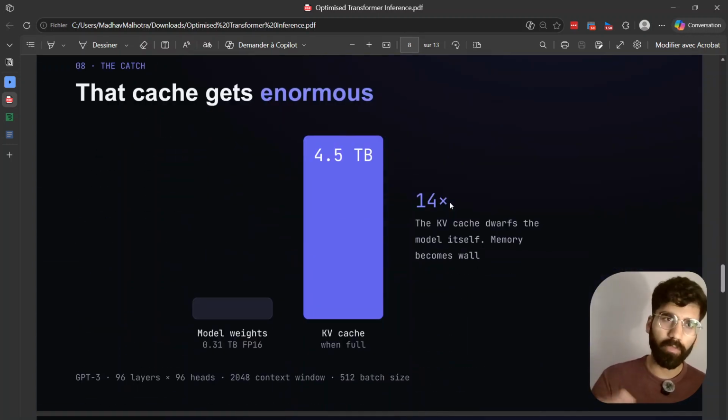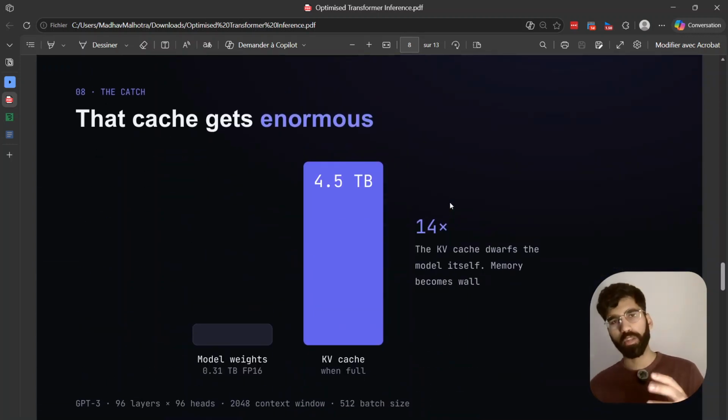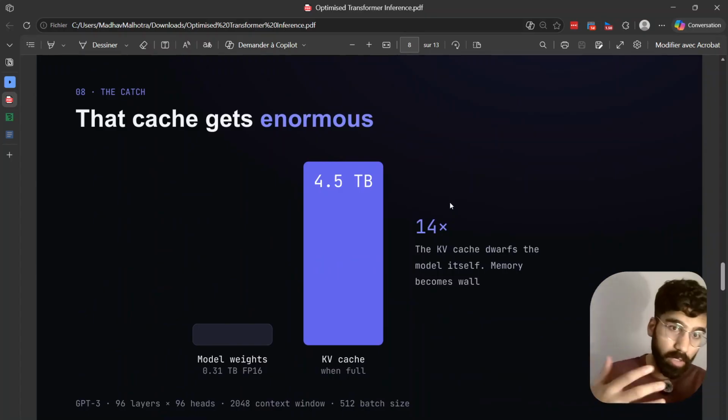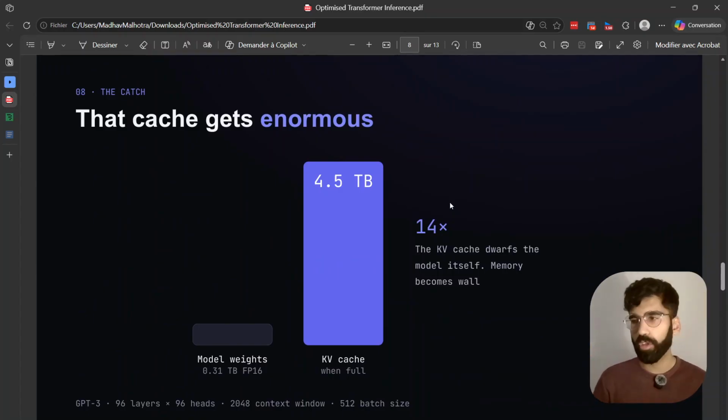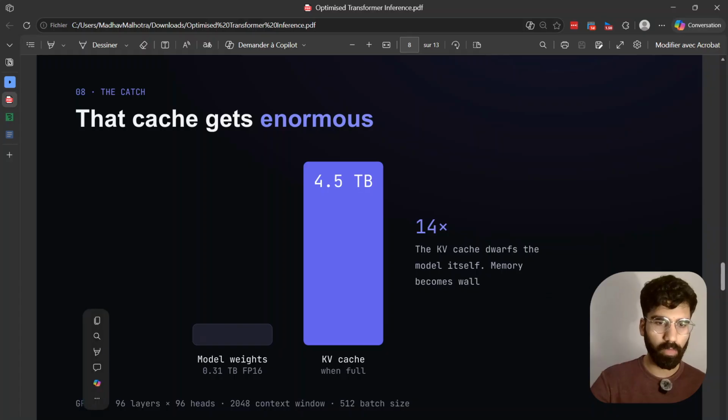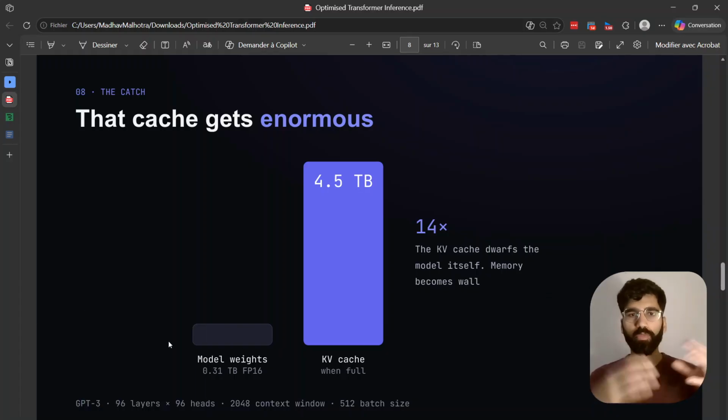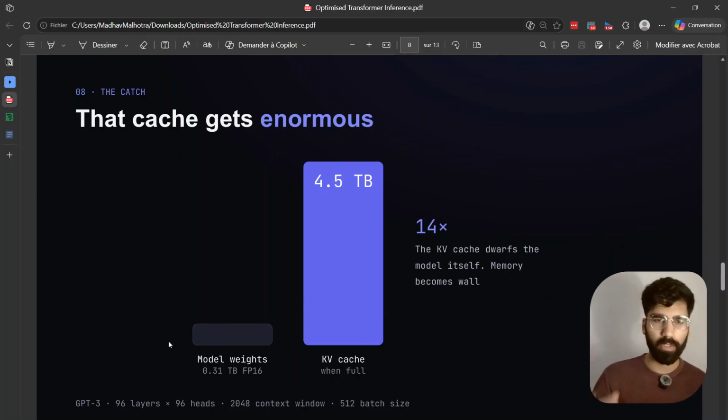The obvious drawback to this is that, okay, now we have reduced the number of computations we need, but the memory usage goes up very, very high. In fact, I did a computation for GPT-3 using some parameters. The actual size of the model parameters, even with 173 billion parameters or so, only takes up around 310 gigabytes.